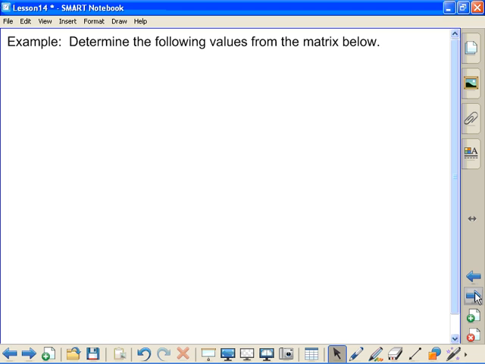I'm going to change that particular question a little bit because I want to talk about systems of equations. So determine the, let's cross this out, resulting system for the matrix below. Actually, do I even want to do that?